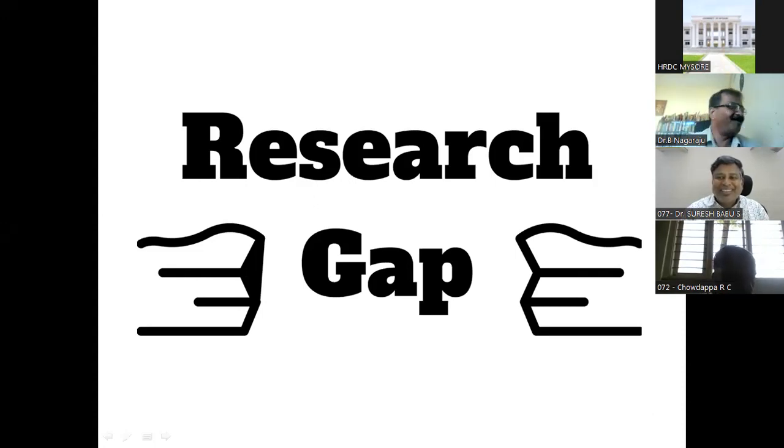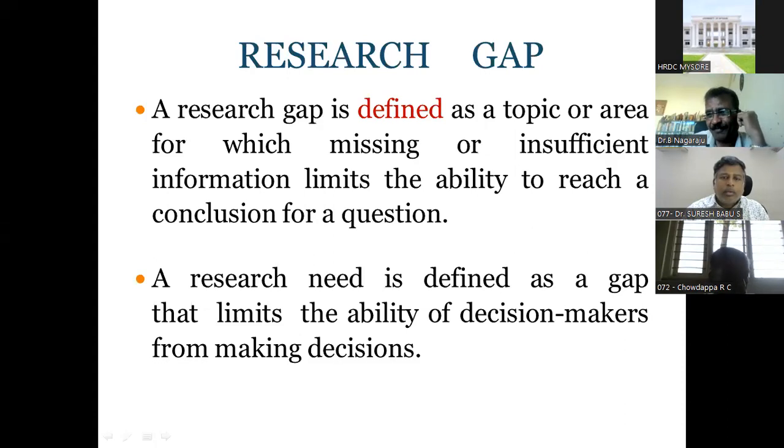Now, likewise, the research gap is also one more issue to consider. I think you know that by having your literature review, we are going to define the research gap. A research gap is defined as a topic or area for which missing or insufficient information limits the ability to reach a conclusion for a question.